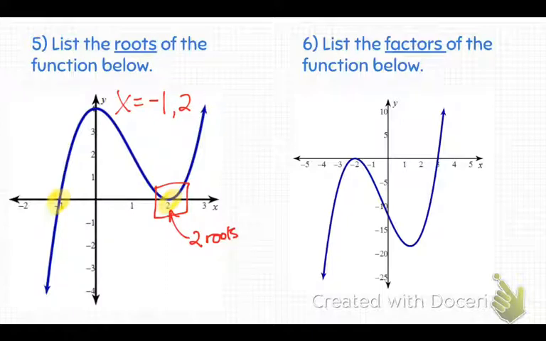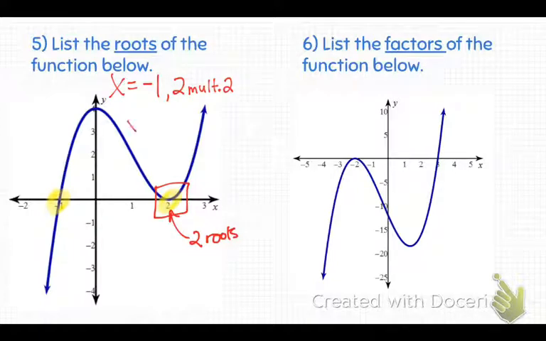Another way is I can write x equals -1, comma 2, and then 2 is my one with multiple roots. So we can write multiplicity 2 because there are 2 of them there. Does that make sense? So you can write the root twice, or you can write multiplicity 2 to say that there are 2 roots there.